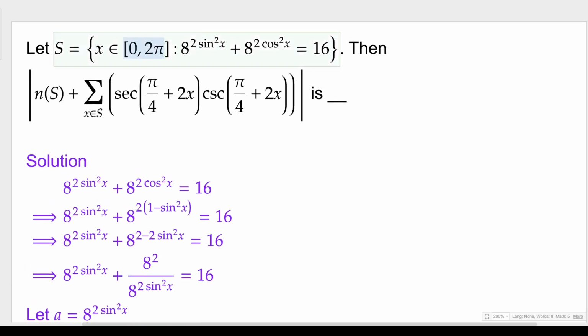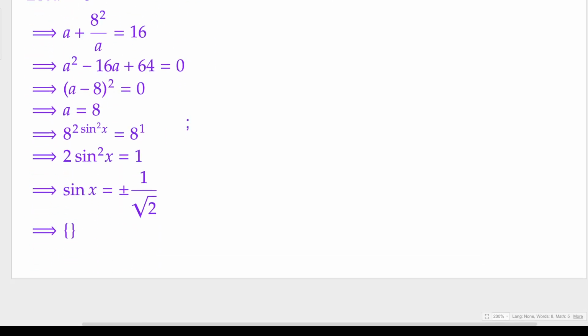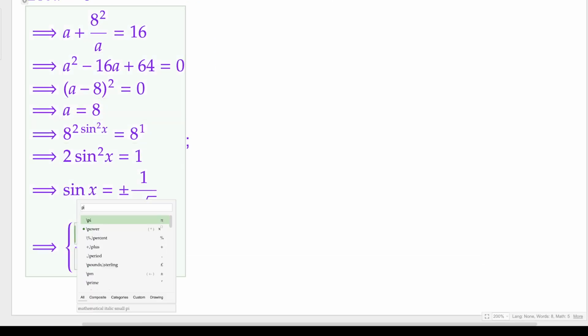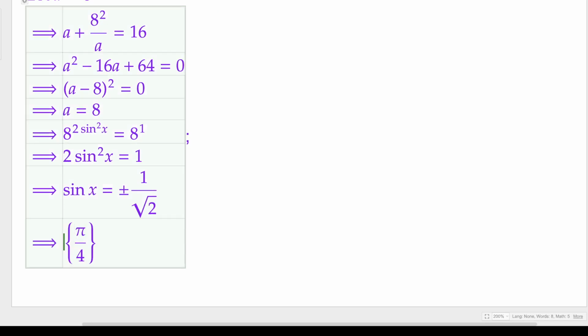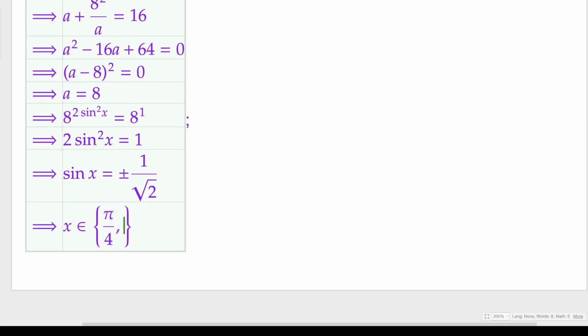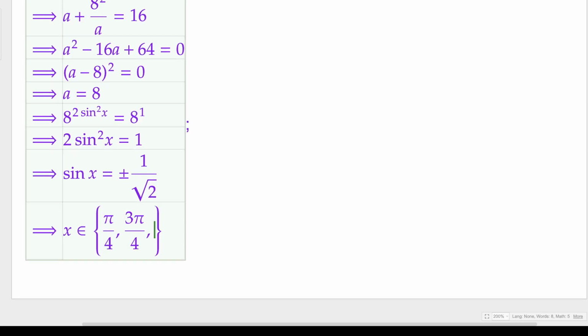So what are the acceptable values? They are pi over 4, the next 3 pi over 4, the next 5 pi over 4, and finally 7 pi over 4.